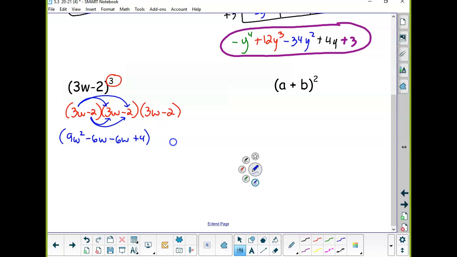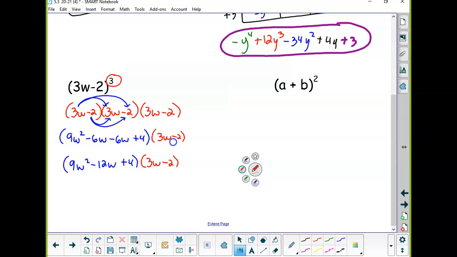And then we do have the like terms. But we did not do anything with that third parentheses. So that third parentheses is there until we officially need to use it.